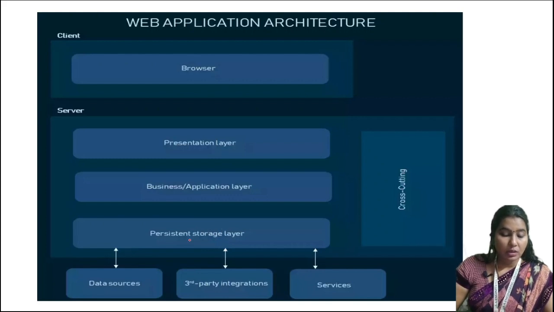Okay. So here are the cross cutting components. These handle concerns such as communications, operational management and security. It affects all parts of the system, but should never mix with them. And then there are third party integrations.